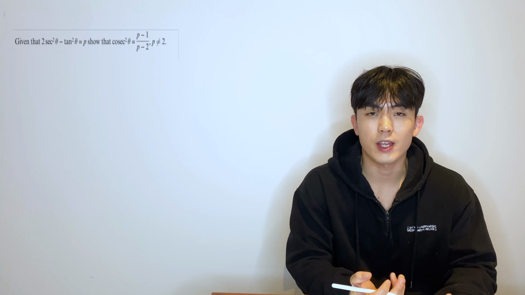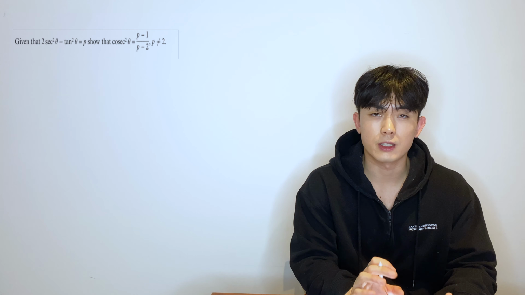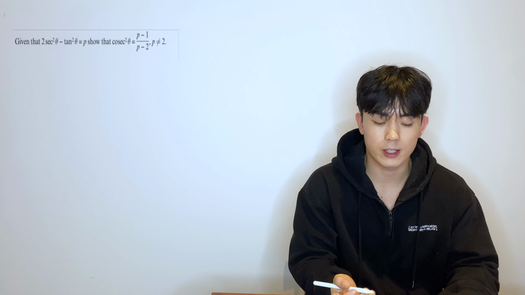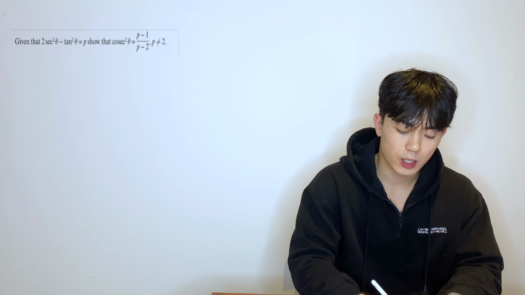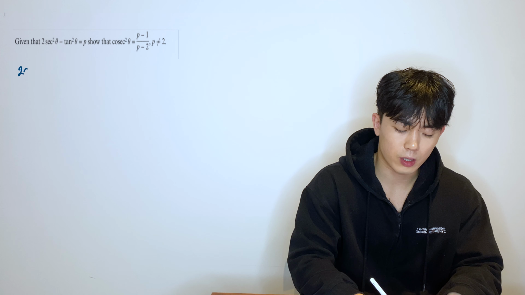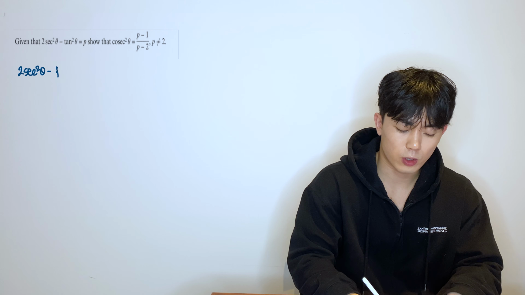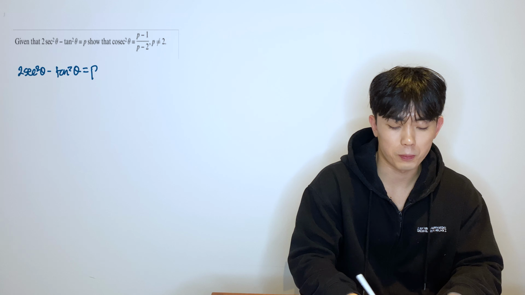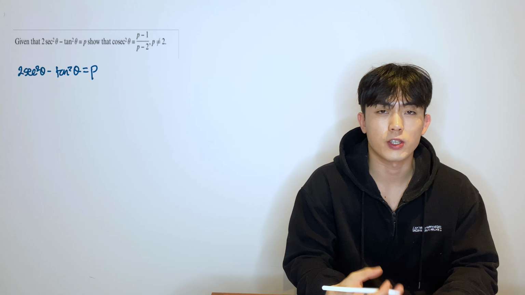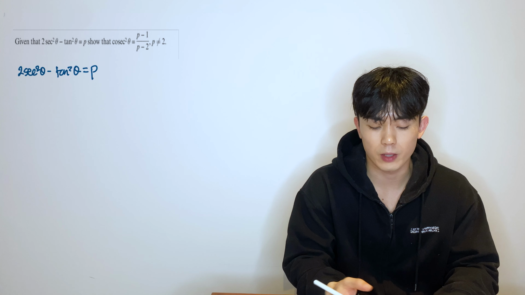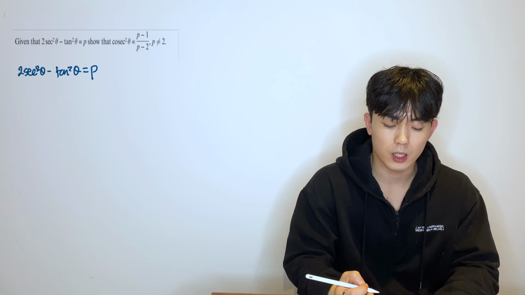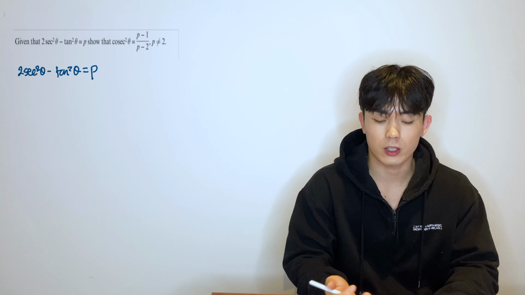All right, and then finally, I just want to go through some more rearranging equations using these identities. So here we have 2 sec squared theta minus tan squared theta is equal to p, and they want us to find the exact value of cosec squared theta. So we will try and manipulate this to get cosec squared.